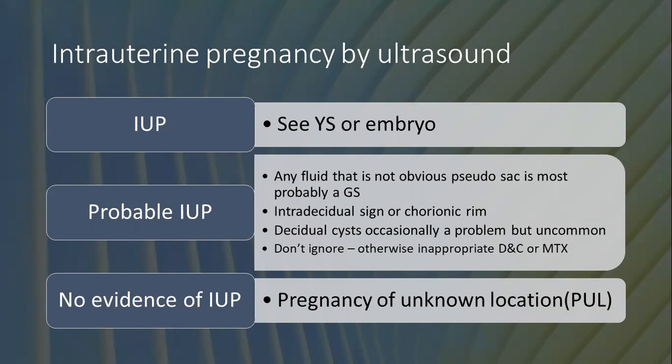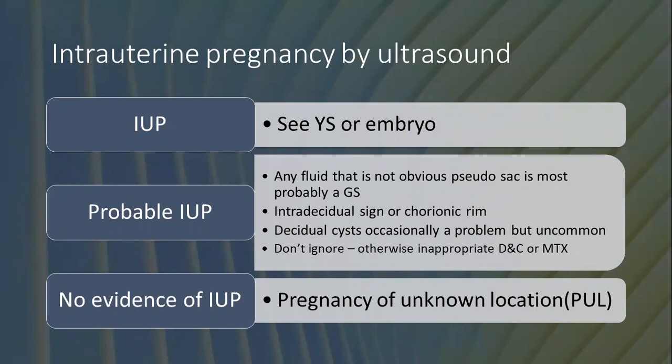Then there are cases that we might suspect that this is a probable intrauterine pregnancy. We are not definitely sure, but we have signs that are making us suspect that we are moving towards having an intrauterine pregnancy. This includes seeing a minimal amount of fluid or just fluid inside the endometrium cavity or inside the uterus.